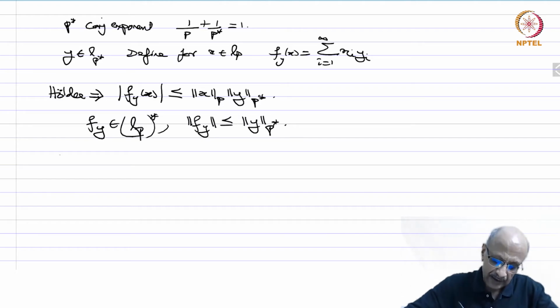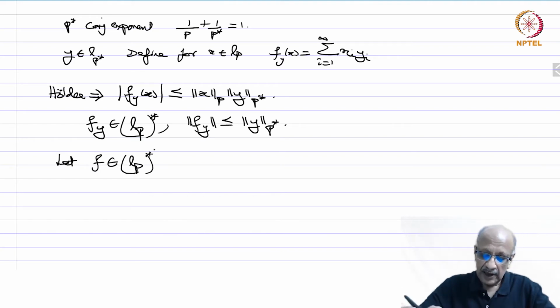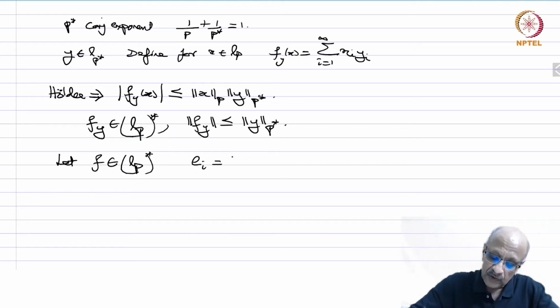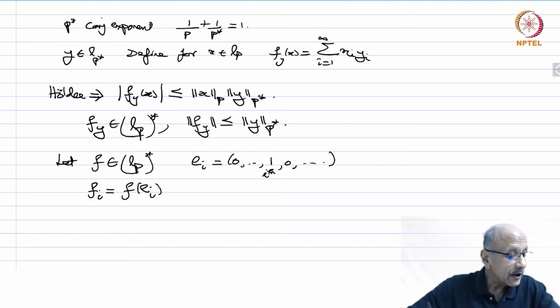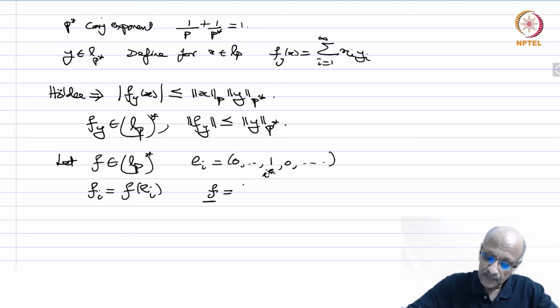So let now F belong to lp star, some arbitrary element of the dual. Now let ei be the sequence which is 0 etc., 1 in the ith place and then 0 etc. And you define fi equals f of ei. So now you have a sequence, let me put f bar, which is equal to fi.